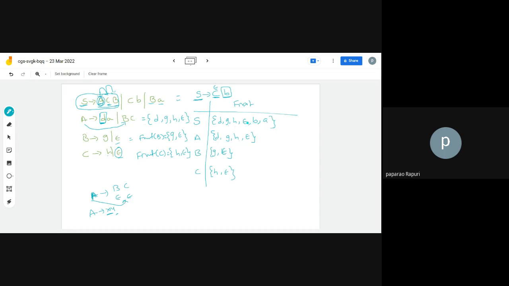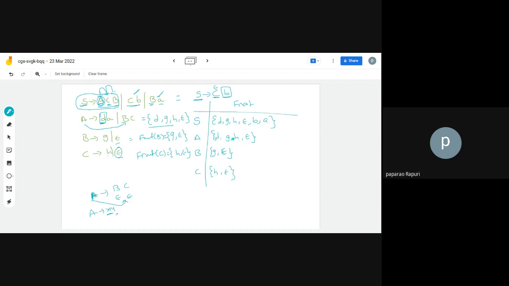So finally the first set of S is, from A we are getting D, G, H, epsilon, and from this we are getting small b, and from this we are getting small a. So finally the first set of S is D, G, H, epsilon, b, a, sir.